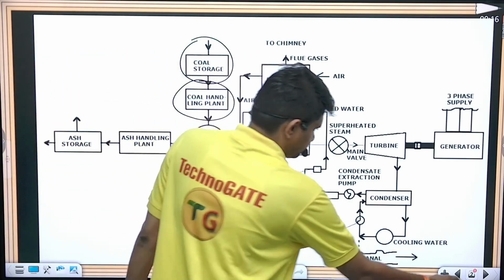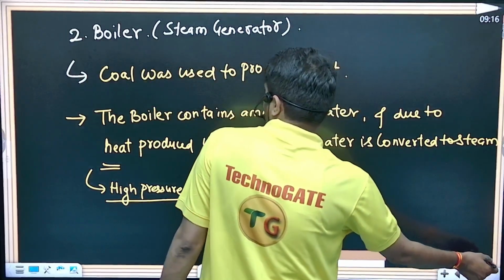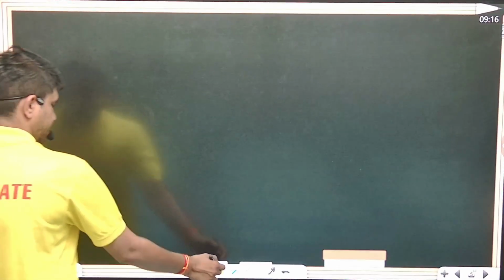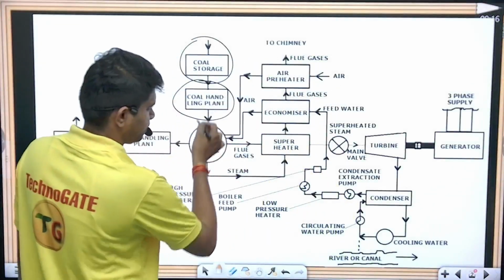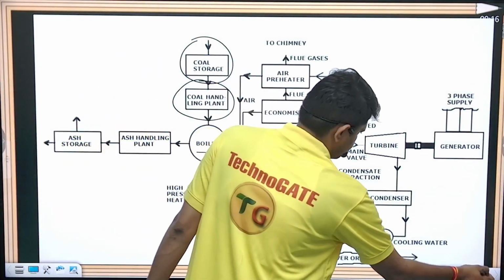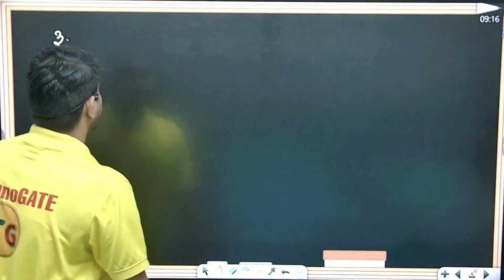Boiler is done. Next, number 3, okay, next, superheater.